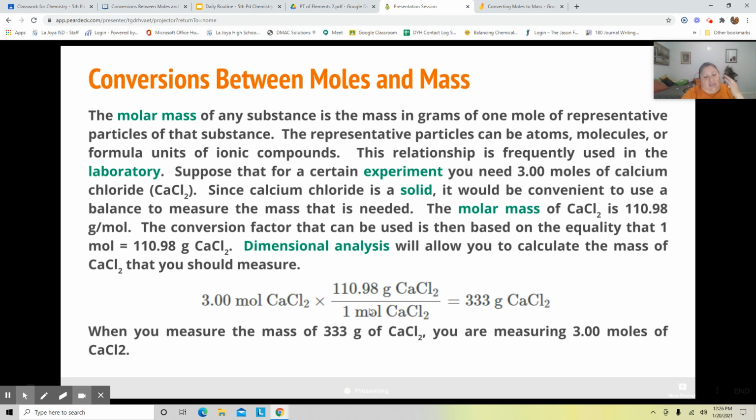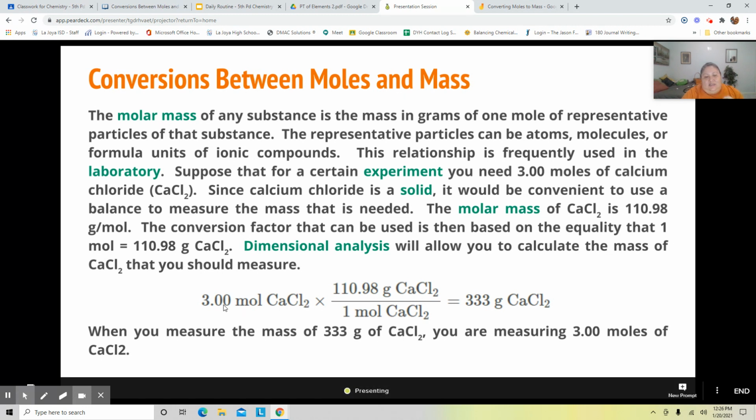You always have to think, this guy has an imaginary line, just like you see here. It's a fraction also, right? It's over 1. So that means this number's on top, this number's on top, and when you have two numbers on top, you multiply. And that's where they're getting this 333 grams of calcium chloride.